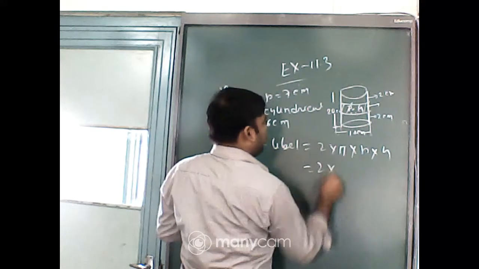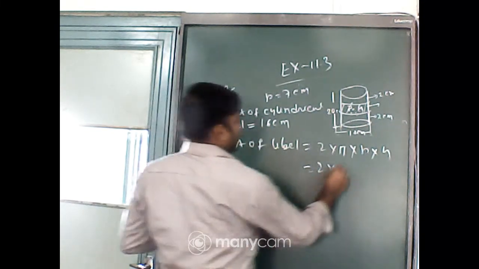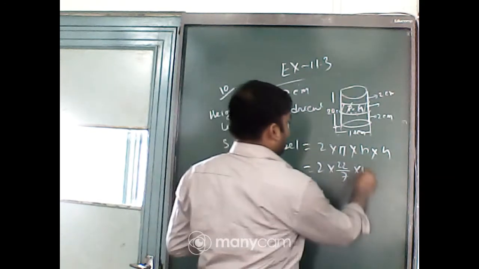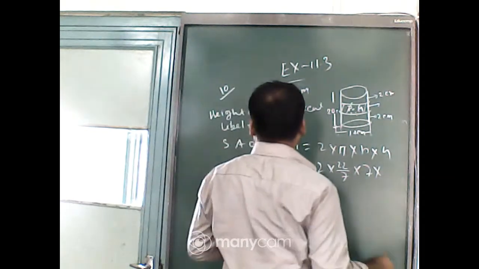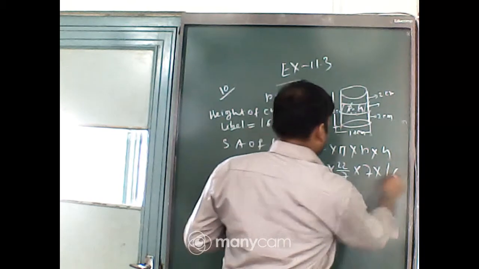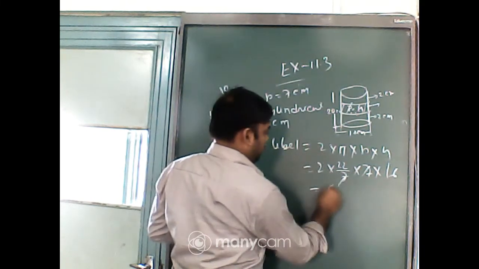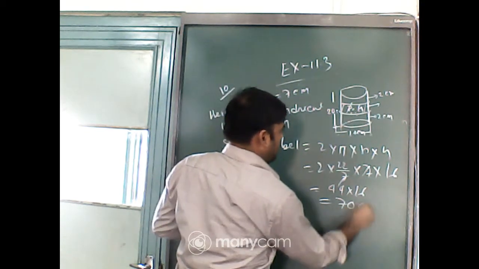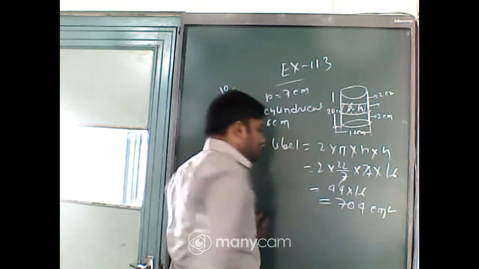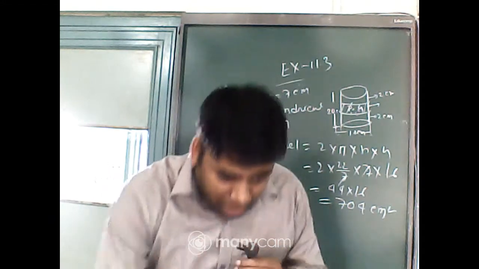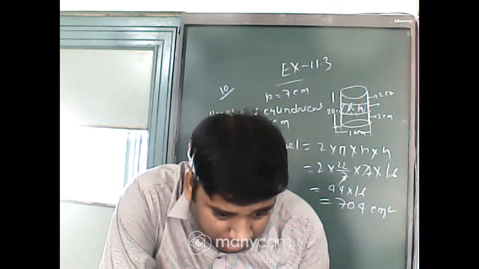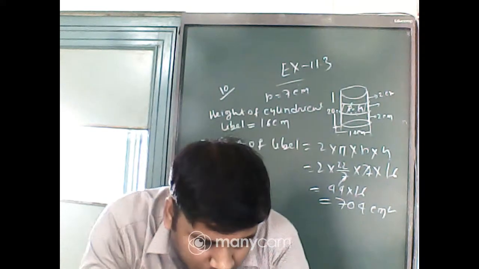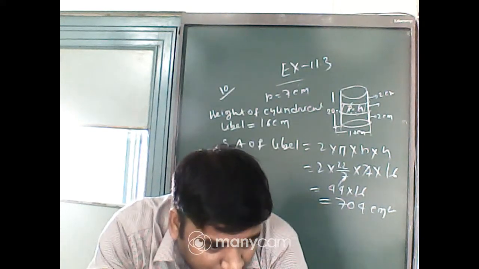So 2 into 22 by 7 into 7 into 16, it is 704 centimeter square. It is the area. Got it, everyone? 704 centimeter square. It is the area of the label.